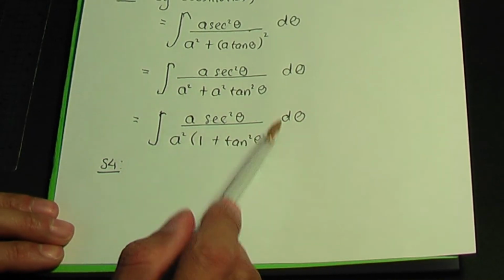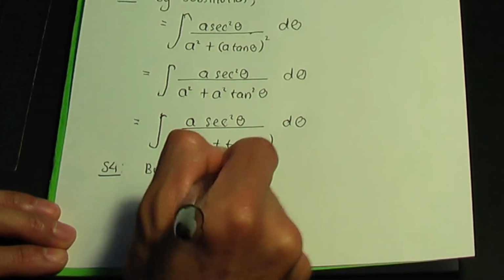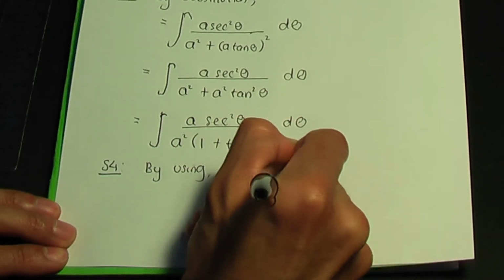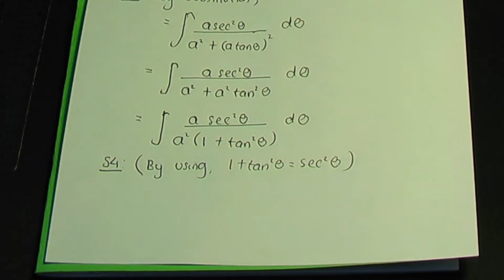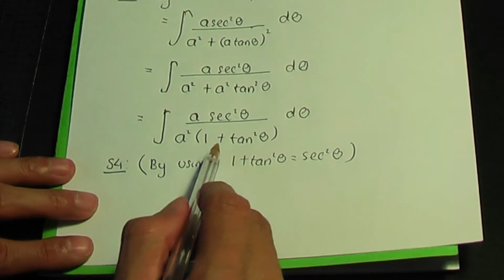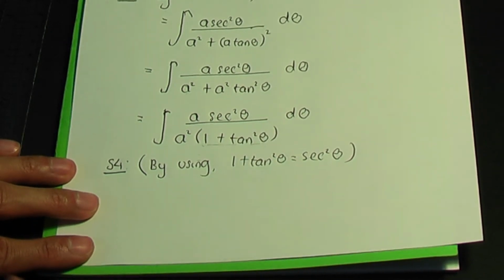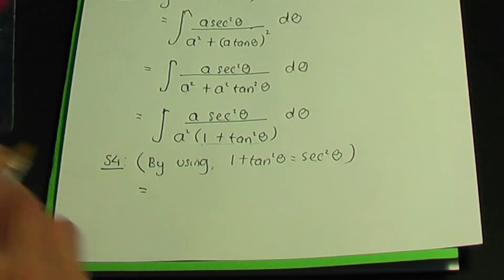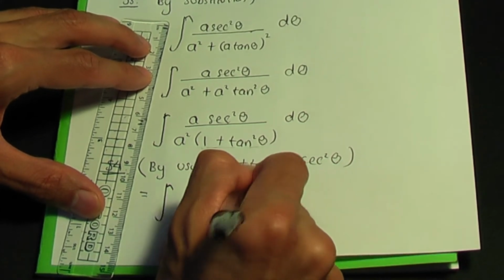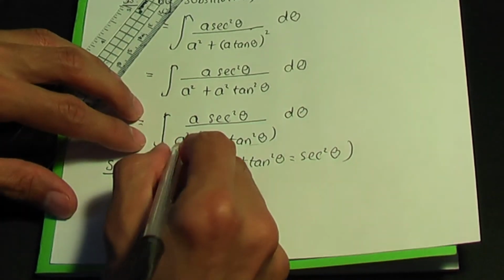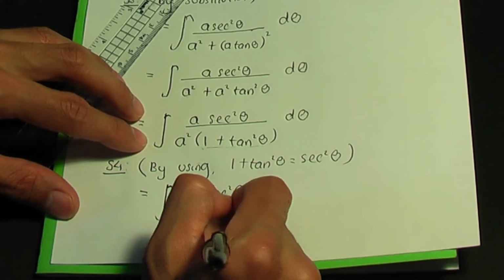Now we need to use an identity here, and the identity for us at this stage is 1 plus tan squared theta is equal to sec squared theta. So this is the identity for us, okay? So let's replace the 1 plus tan squared theta here by sec squared theta. So we're going to have the integration a sec squared theta on top divided by an a squared, and 1 plus tan squared theta is sec squared theta.